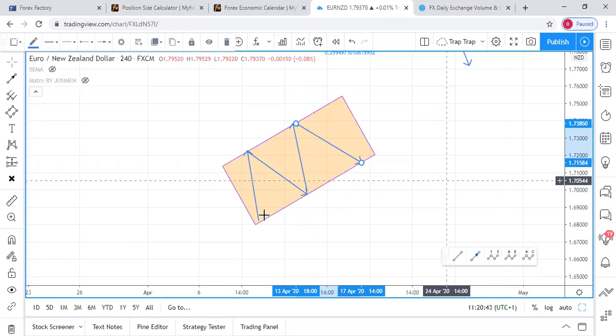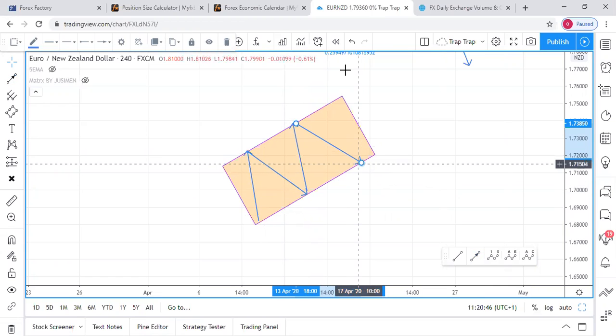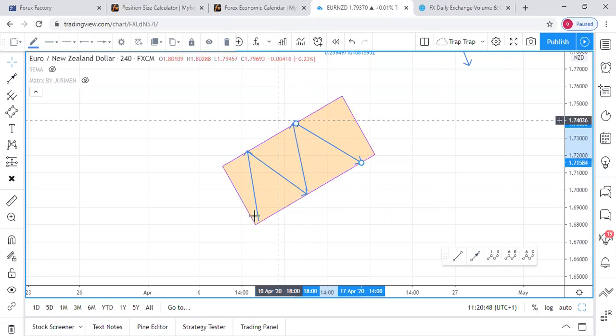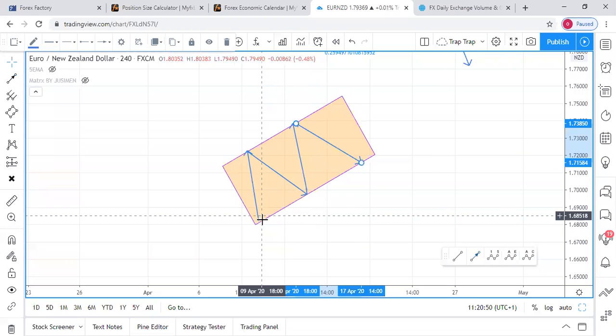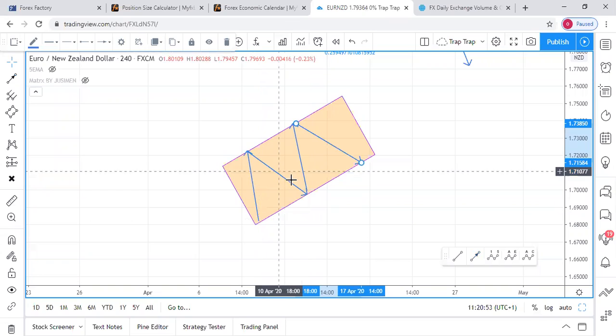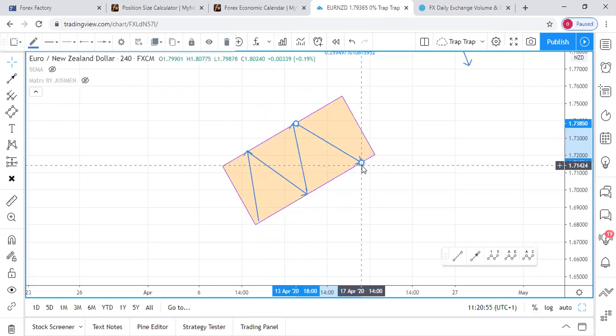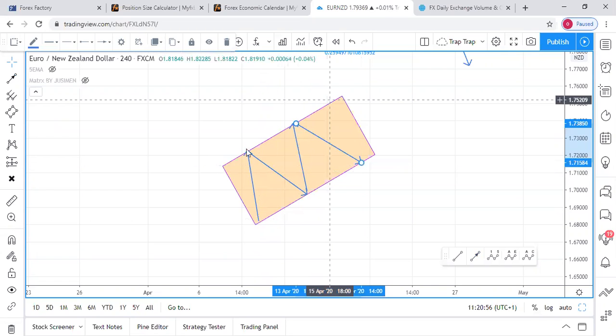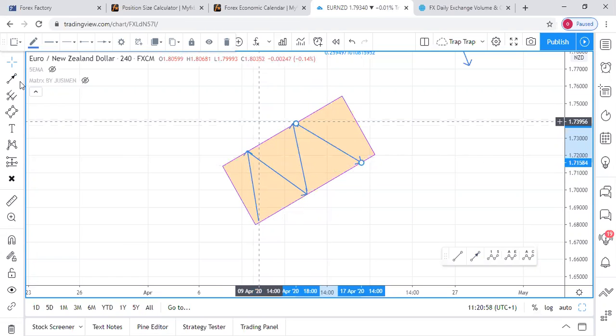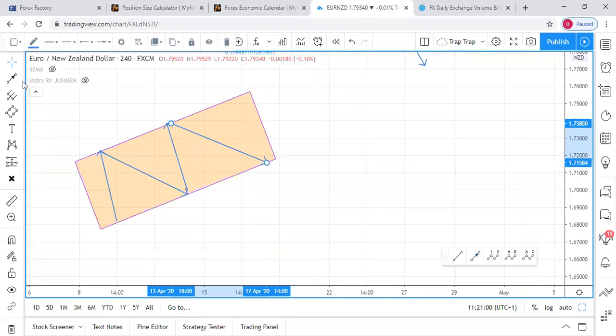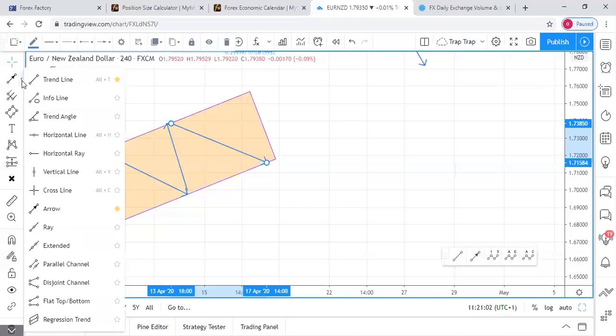In this case, price is slightly going upwards, but you will notice that it seems to be respecting what we call a channel, as if this is a channel, and price seems to be respecting that channel as it moves up and down.